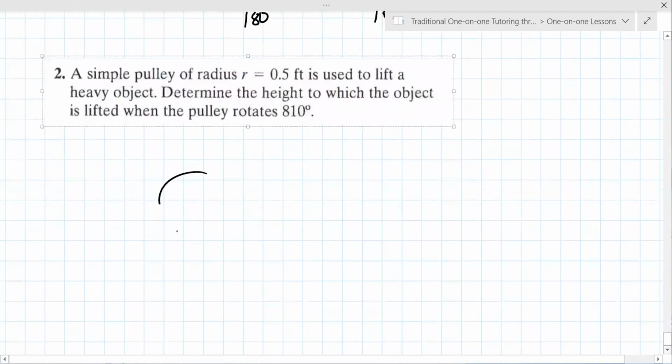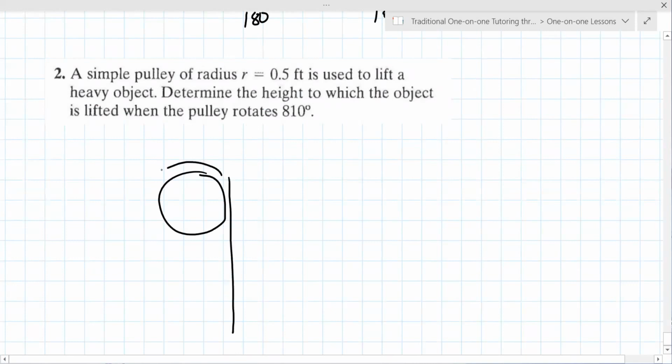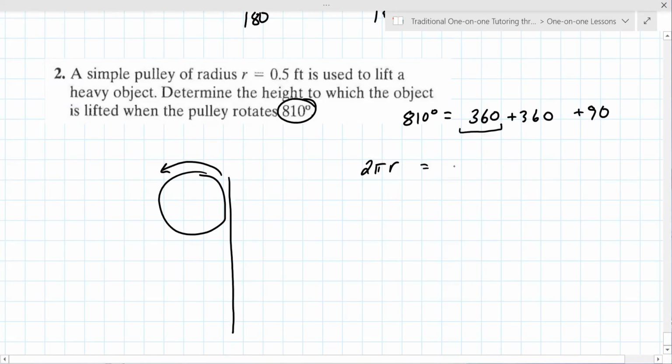So the idea is here's a pulley, and you're rotating this thing 810 degrees. 810 degrees means you're going around 360 plus 360 plus 90. Every time you go around one time, it's 2 pi r. So when you go around 360, it's 2 pi times 0.5.